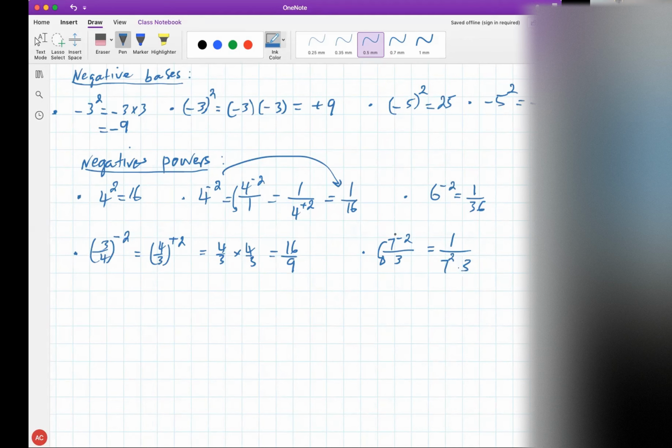Once the power becomes positive, we can simplify it. 7 to the second is 49, which you multiply by 3, and it will be 147. I mean 1 over 147. Okay, so it would be 1 over 147.